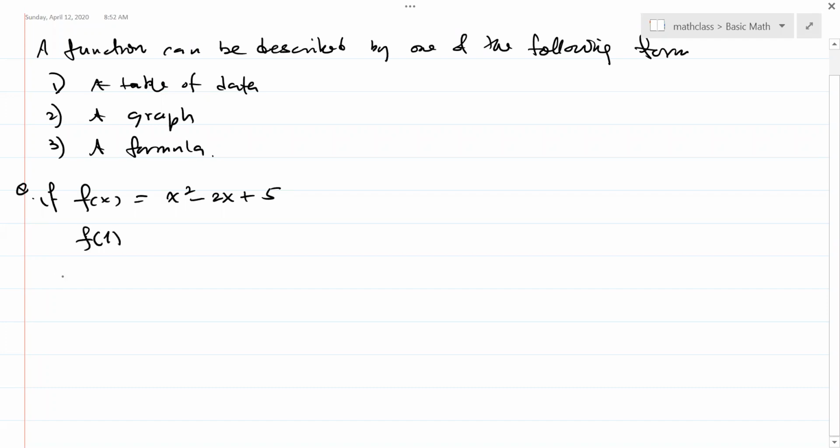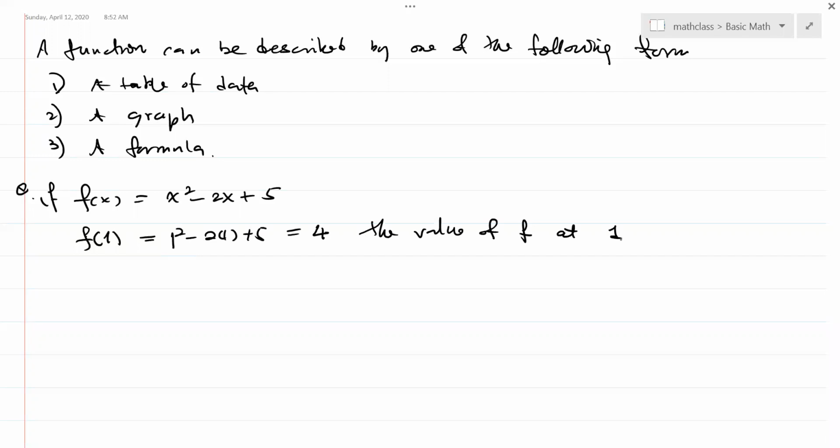For example, f of 1 means the value of the function at 1. That's 1 squared minus 2 times 1 plus 5, which is going to be 4. So this is called the value of the function f at 1. f of x represents a formula for the function. The function itself, the name of the function, is just called f.